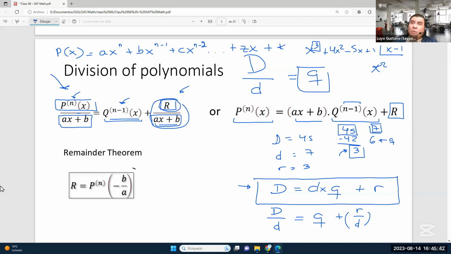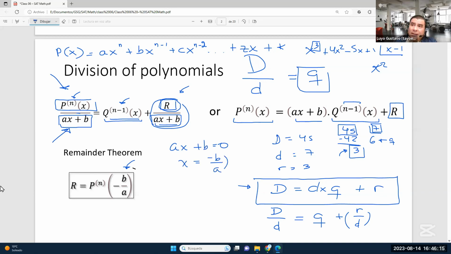Simply by evaluating the original dividend polynomial, that is p of x. You evaluate this polynomial in the value of x that corresponds to the numerical value that makes the divisor equal to 0. So what value makes this divisor a times x plus b equal to 0? Well, if you isolate x, the value would be negative b over a.